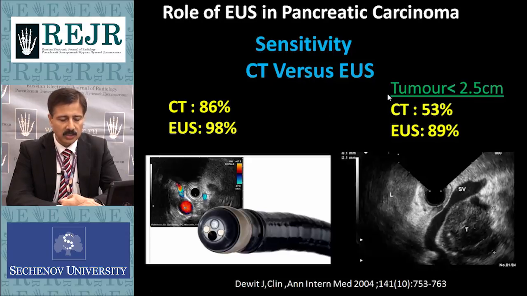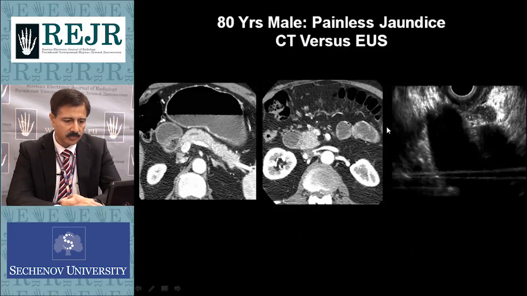If the tumor is less than 2.5 centimeter, then CT has a sensitivity of 53% while EUS has 89%. Here is an example. You can see that the pancreatic duct is dilated. The lesion is not well seen on the CT, while we can see it much better on the EUS.